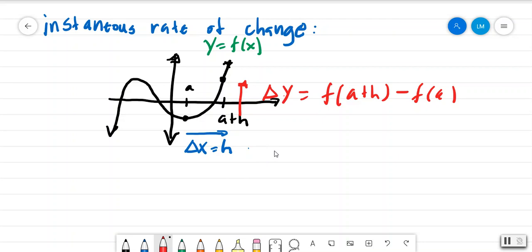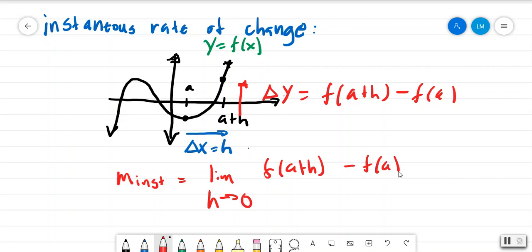So what that means is that the instantaneous rate of change is equal to, well, in this case, you want this delta x to be very small. So you would say h approaches 0, and this is going to be f of a plus h minus f of a, all divided by h.